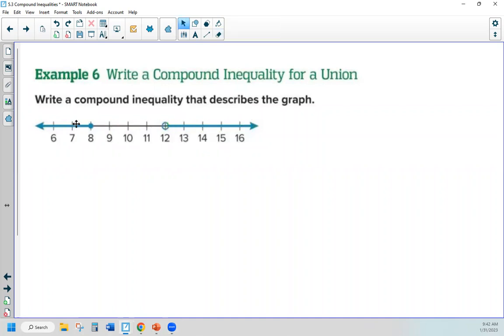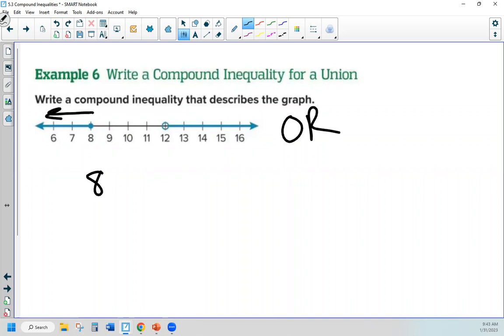All right. So we know for a fact it's an or problem. So I'll go ahead and put this right here as a nice little reminder. And I'm going to go, okay, well, the first part of our or problem is starting at 8, right? And then from 8 is to the left, which is less than. So the numbers that I'm looking for are less than, we have a closed circle, so or equal to 8.